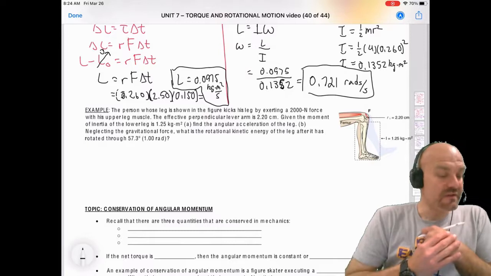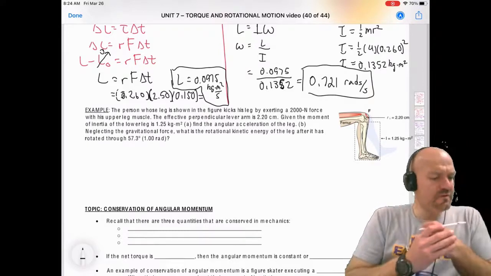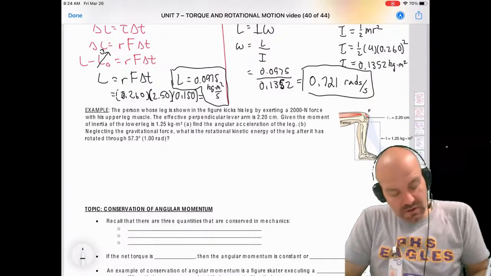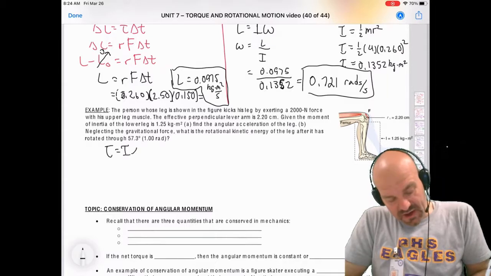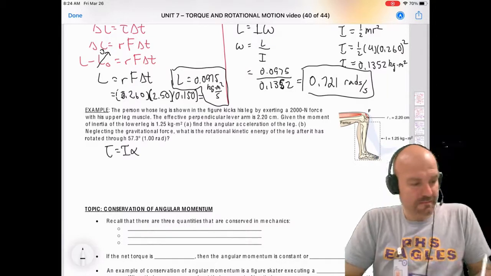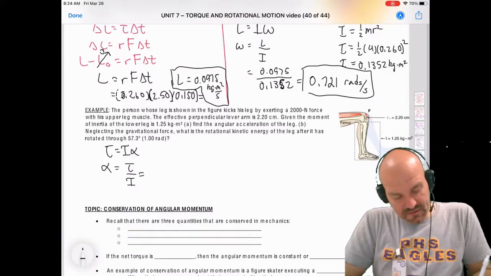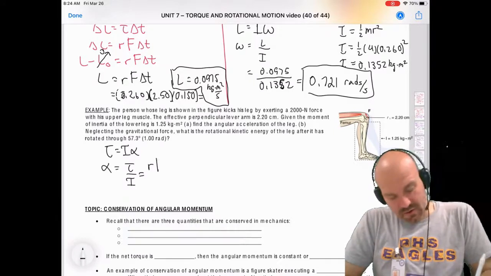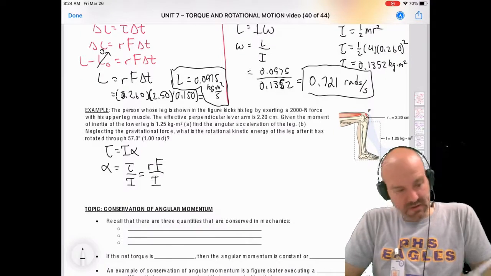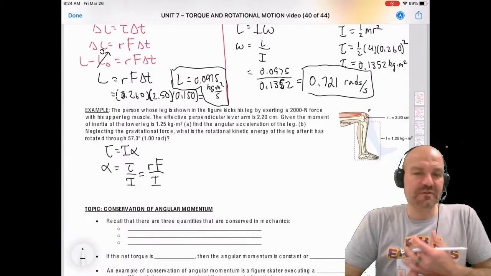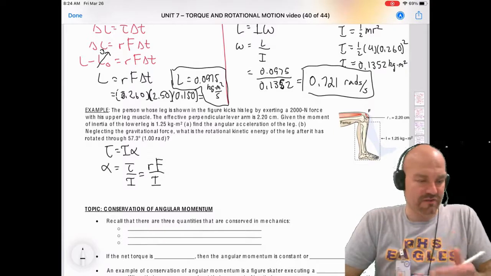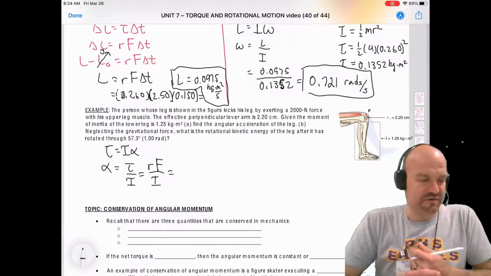Okay, and so what we're going to do now is use torque equals I alpha, where alpha is torque over I, and so it's going to be r F over I. This question puts together all of these conversations about torques and so forth.